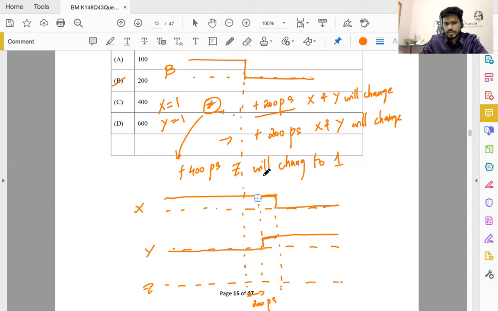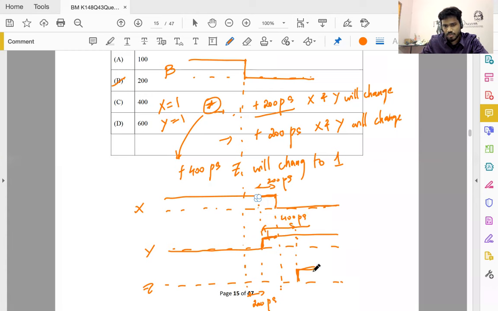So this is a critical window. This is 200 picoseconds. Okay. The effect of this will be seen 400 picoseconds from here. Okay, which is when momentarily Z will become 1, remain 1 for this length.